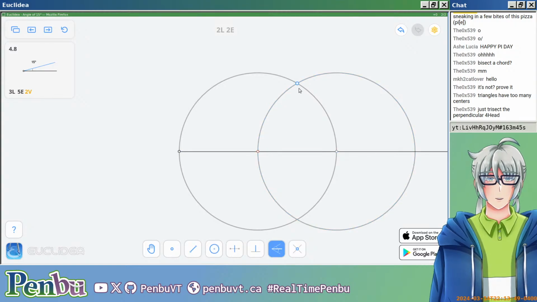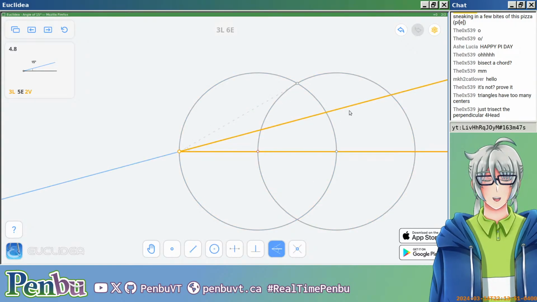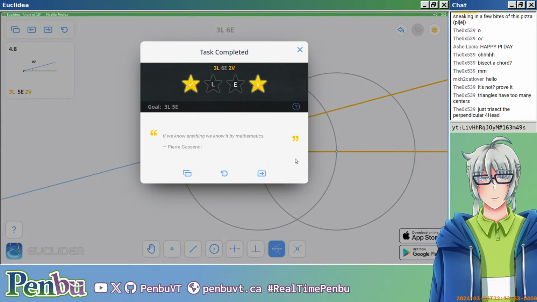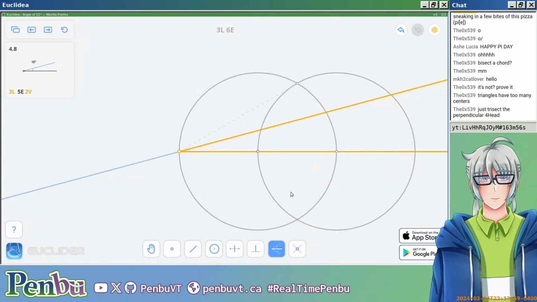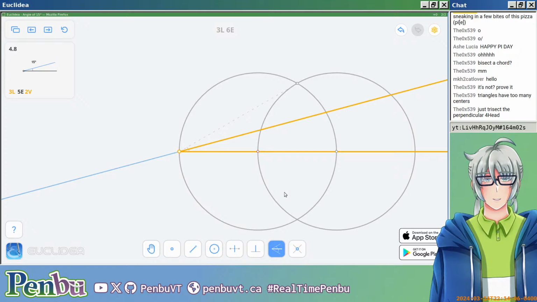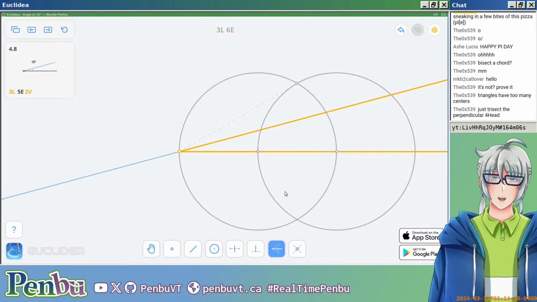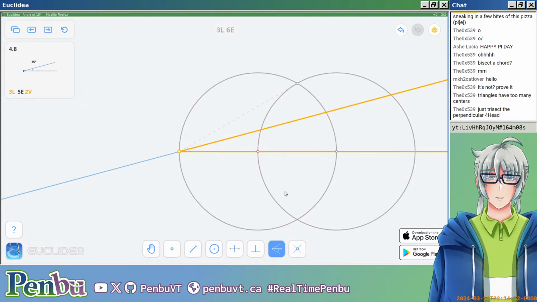Oh, no, duh. If that's 30, then we can do 3 like this. Okay. I don't know how we can get it in 5. But sure. We can get it in 5 by sharing one of the circles, probably.